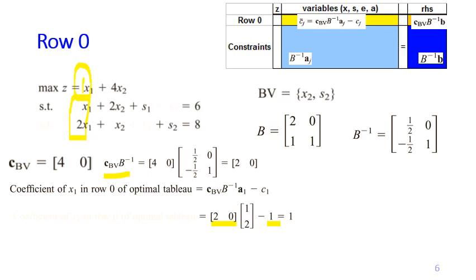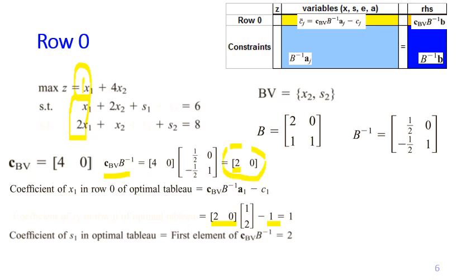We may also compute the coefficient of s1 using CBV B inverse, and the first coefficient is 2, so that is the coefficient of s1 in the optimal row 0. For the right-hand side, we use the formula CBV B inverse times small b, and the calculation result is 12.